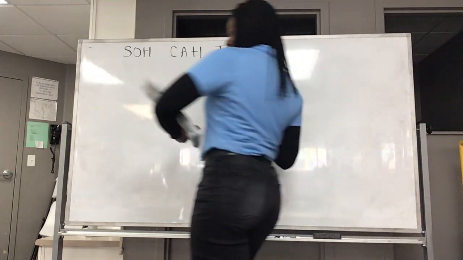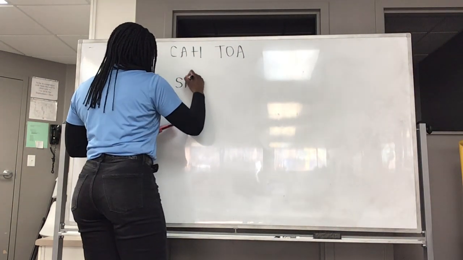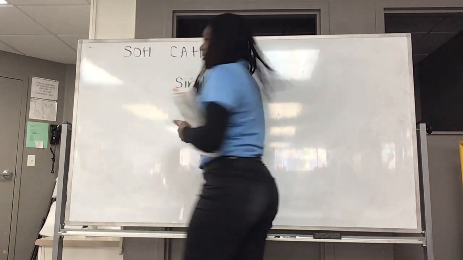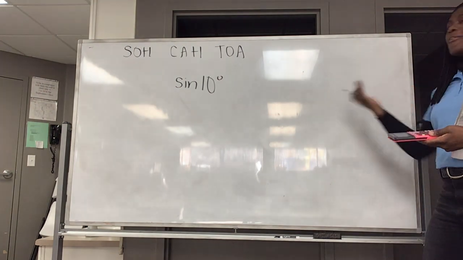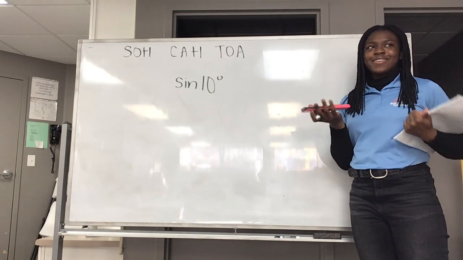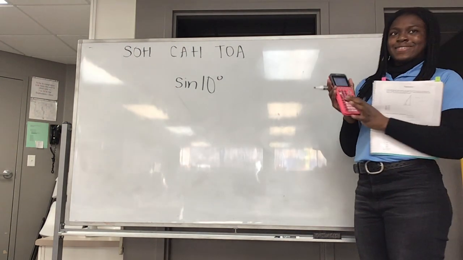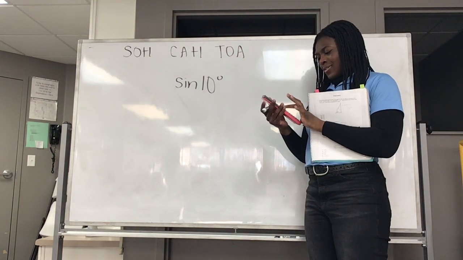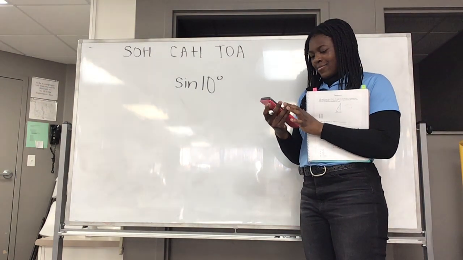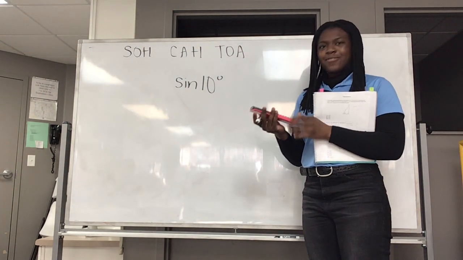Say on the ACT they just ask you, what is sine of 10 degrees? You could do math or whatever, or you can just use your calculator because you get to use it. So just press the sine button, which is in the second column, on the fourth one down.